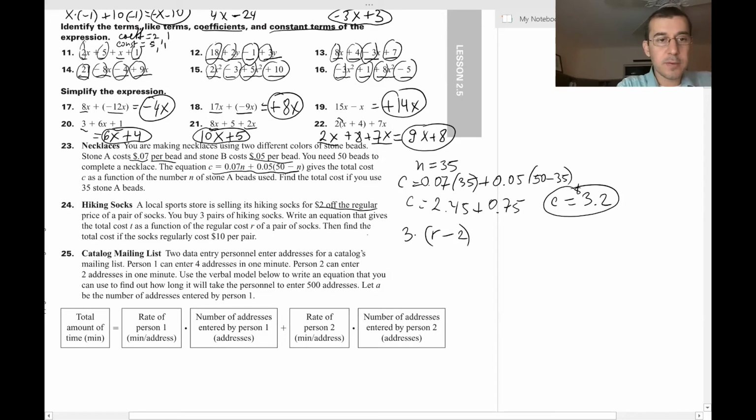Write an equation that gives the total cost T as a function of the regular cost R of a pair of socks, then find the total cost if the socks regularly cost $10 per pair. So R is $10, T is 3 times 10 minus 2, which is 3 times 8, or T is $24.